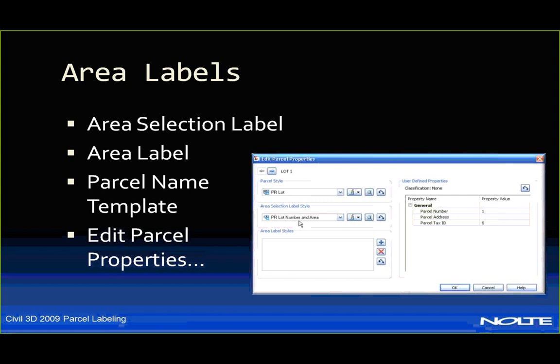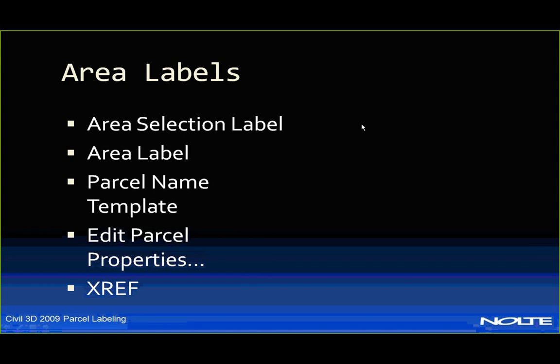So if I want to change what style is being used to label all my parcels, I can grab all the parcels into this command, change it in this line item here, and click this button. It will ask me, do you want to update them all? I pick yes, and it will then update all of them. So it's a great command, so I don't have to go through and pick them one at a time to make those modifications. And we'll take a look at that command as well.